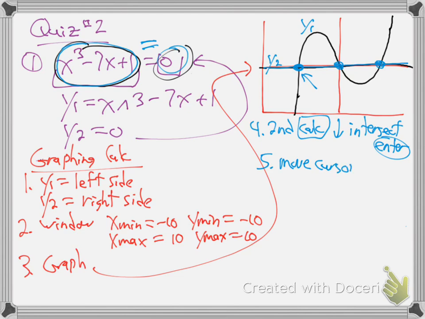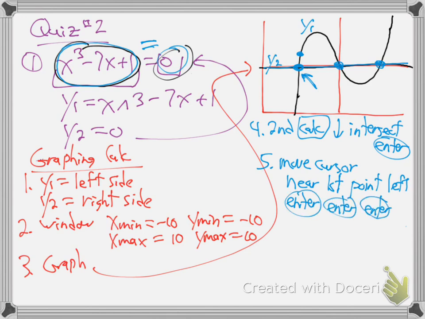Move the cursor near the first point on the left. Move your cursor somewhere like right there, somewhere near. It's going to basically find the nearest one each time. So move it closer to the left intersection point than any of the others, and then just hit enter, enter, enter.